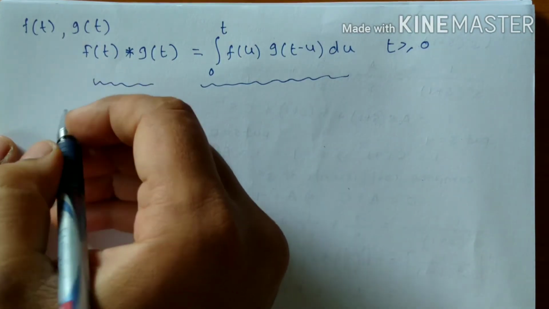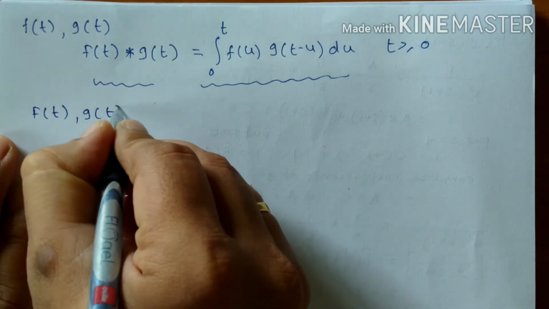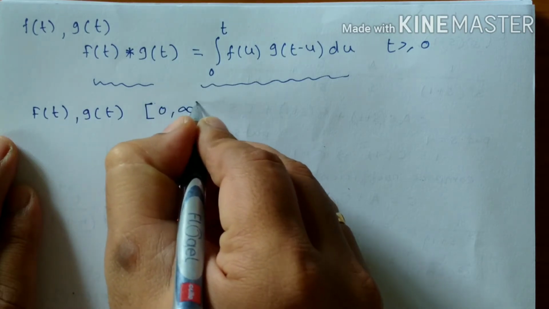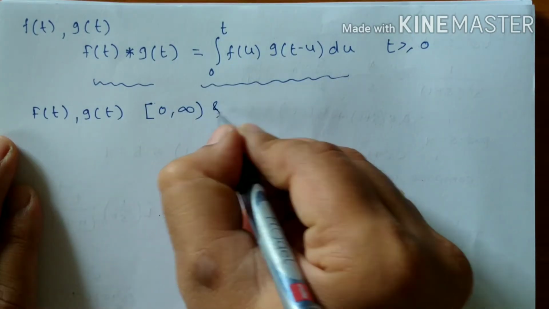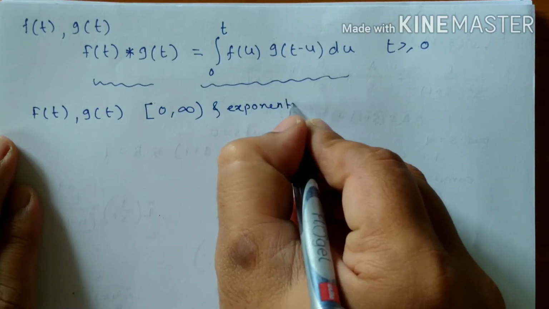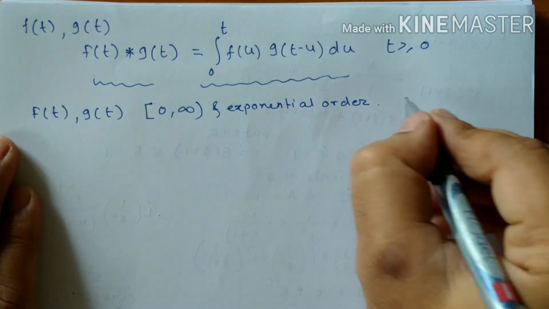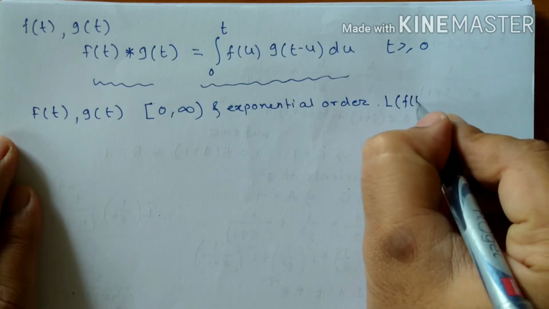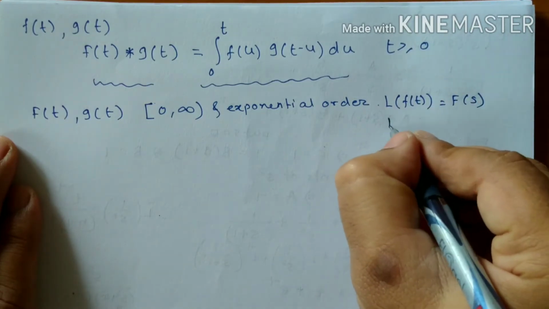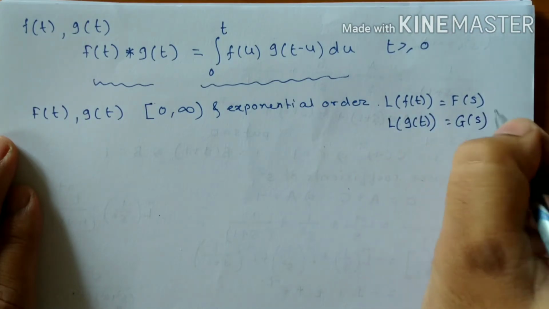Suppose f of t and g of t are two piecewise continuous functions on the interval 0 to infinity, and they are of exponential order, where Laplace transform of f of t is equal to capital F of s, and Laplace transform of g of t is equal to capital G of s.